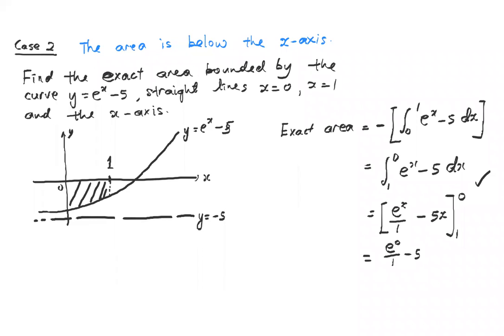Please do the substitution if it's 0. E to the power 0 is 1. Minus, you expand this. So the answer is 6 take away e, unit square.